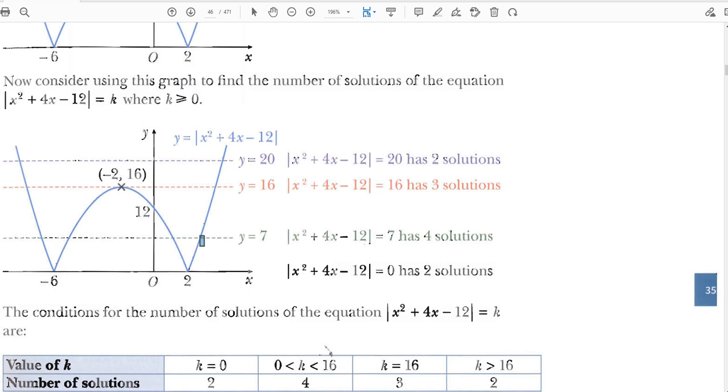If you move above and draw a line which just touches the maximum point (-2, 16), so y is equal to 16, this has three solutions. And if you move above the blue curve, above the maximum point, then you will have only two crosses. One is this one and the other is this one. So you will have two solutions.